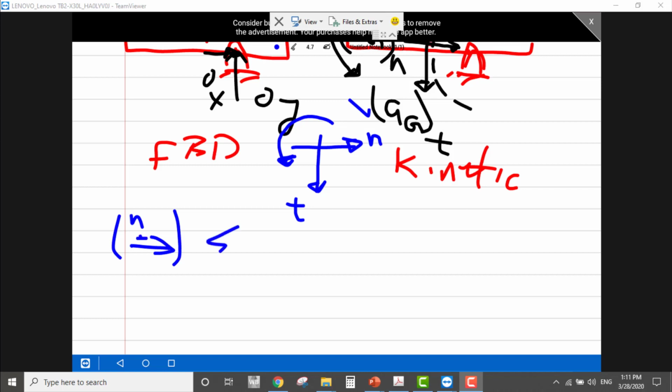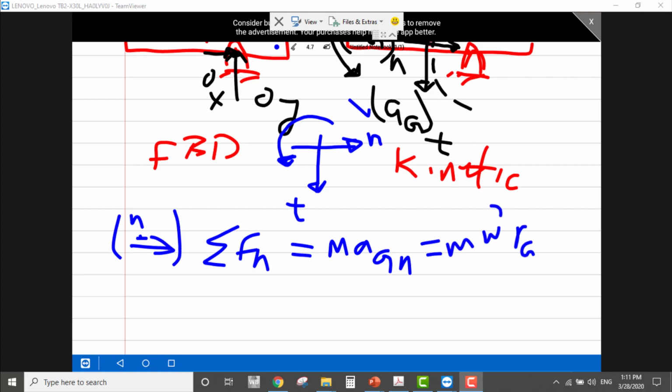Okay, so summation of force in the normal direction equals M AG in the normal direction, and this equals M omega squared RG in the n direction. But we mentioned at the beginning that omega equals 0.